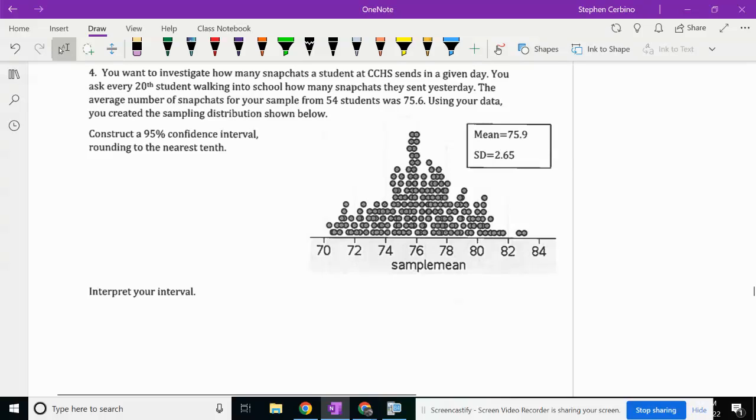Okay, welcome back. I'm hoping that you're just checking your work here and you actually listened and paused the video. So to construct a 95% confidence interval, we're going to use the data in the box. We're always using the data in the box. So we're going to say the confidence interval is equal to 75.9 plus or minus 2 standard deviations of 2.65.